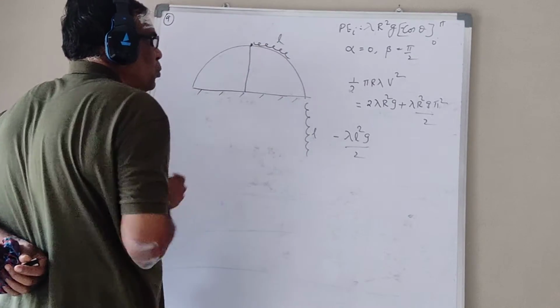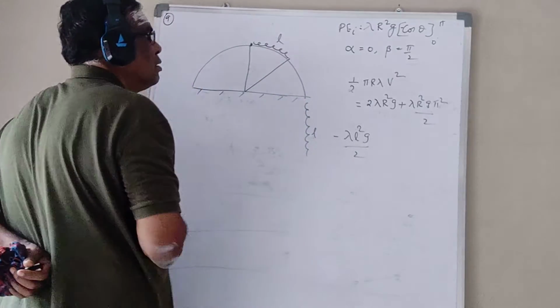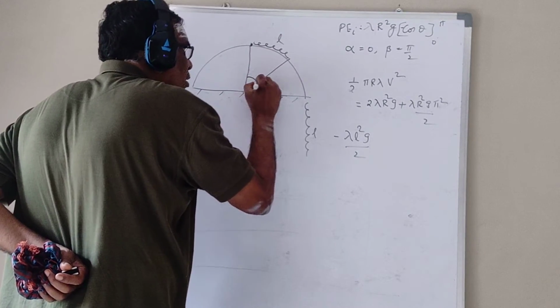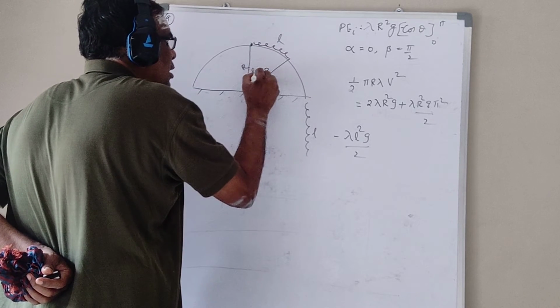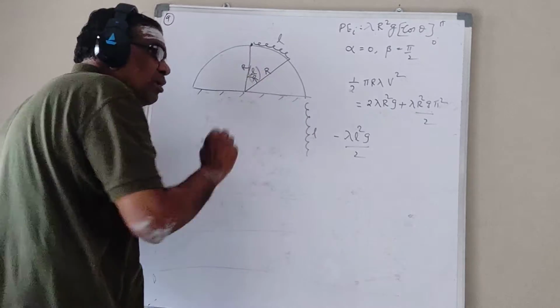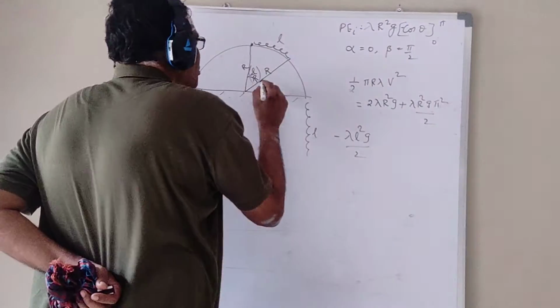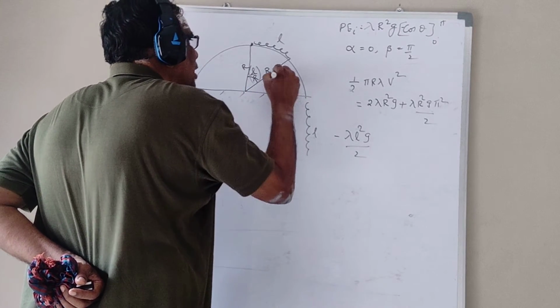Because you have to take alpha. What is this angle? If this is R, this is L, this angle is L by R. Sector angle, L by R. And what is this angle?